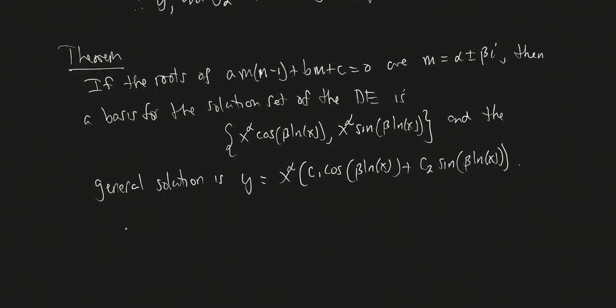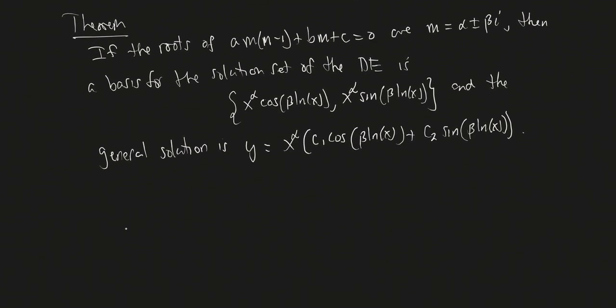So let's look at an example of this. Let's see what happens. Let's solve 4x squared y double prime plus 17y is equal to 0. And let's go ahead and make it an initial value problem.